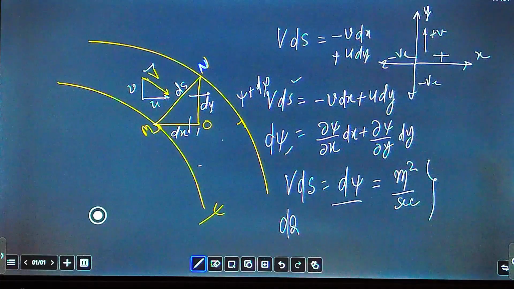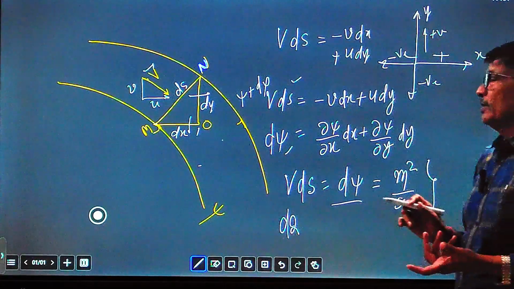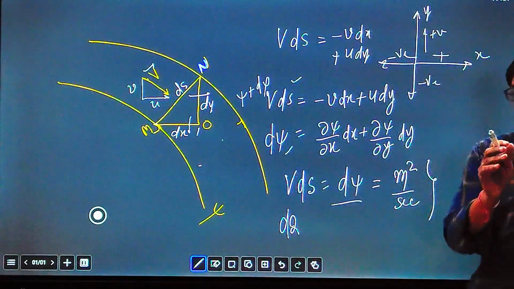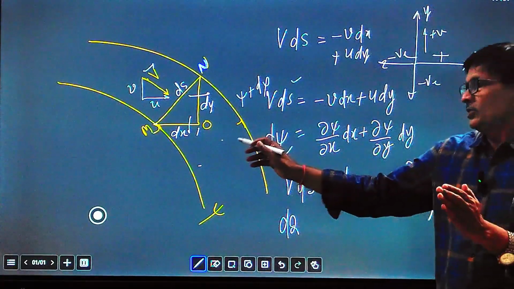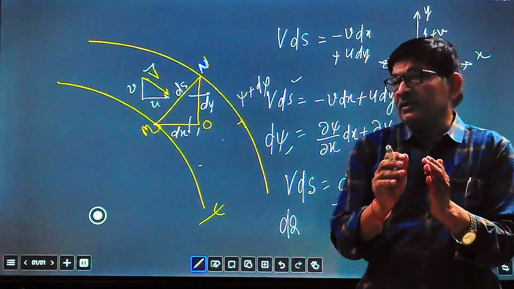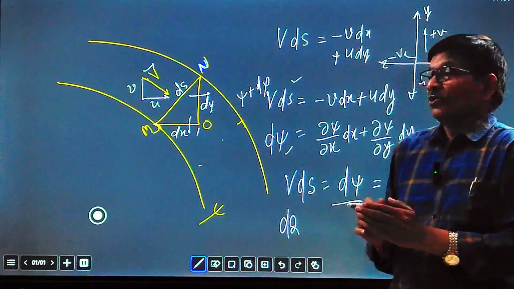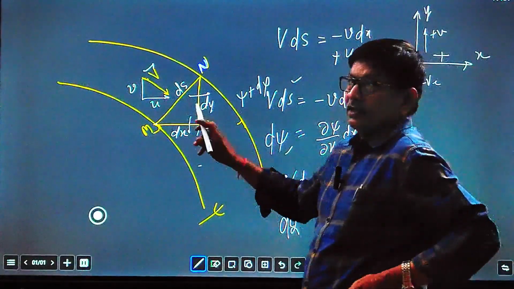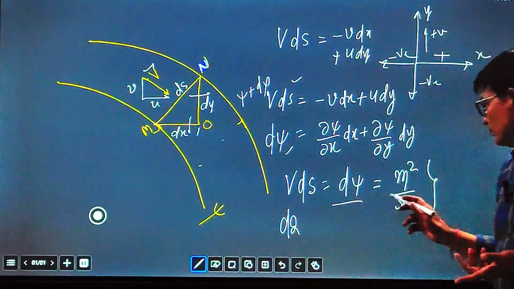It acts just like a stream tube, between two streamlines some flow is occurring. Flow is defined in meter square per second because we are taking unit thickness.